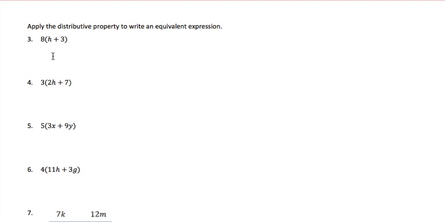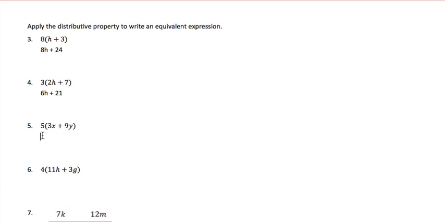So we don't need to draw the diagrams for these. 8 times h is 8h, plus 8 times 3, which is 24. There's an equivalent expression. In number 4, we have 3 times 2h, which is 6h, plus 3 times 7, which is 21.